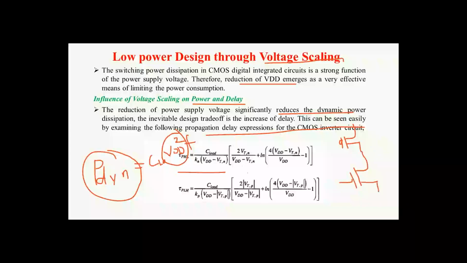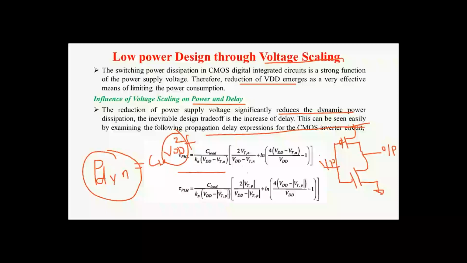Normally the NMOS is connected to VSS and the PMOS is connected to VDD. The gate terminals are connected to the input, and we get the output here. During the switching transient, when the input changes from high to low or low to high and the output changes, power dissipation occurs. That is called dynamic power dissipation.